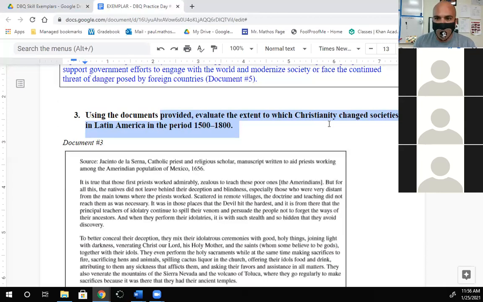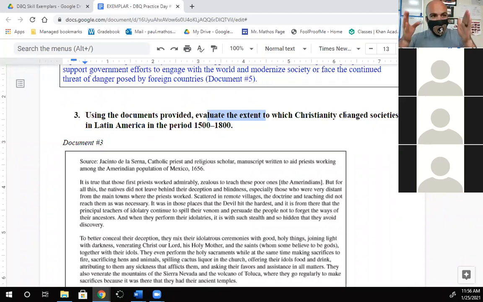Your job is not to argue just how it changed societies, but how much it changed societies. It tells you to evaluate the extent to which Christianity changed societies. We know it changed it. But how much did it change? So when you see 'to the extent' or 'the extent,' your answer must address what changed and how much it changed.